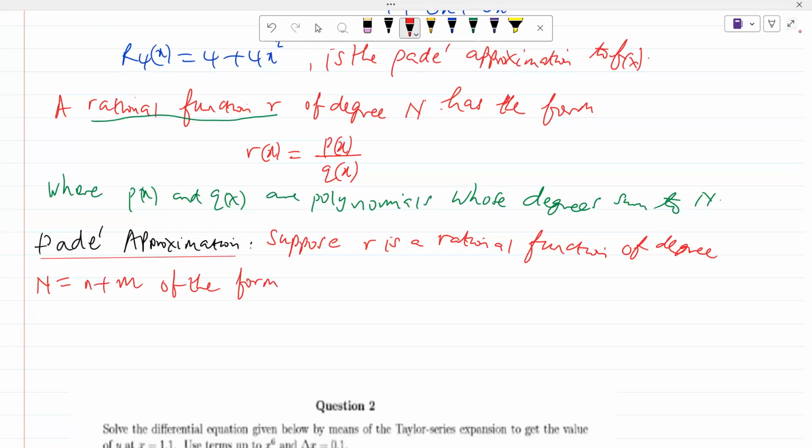P of x divided by Q of x, which is P naught, P1, plus Pn x to the nth power, over Q naught, Q1.